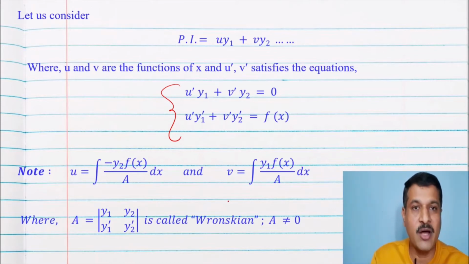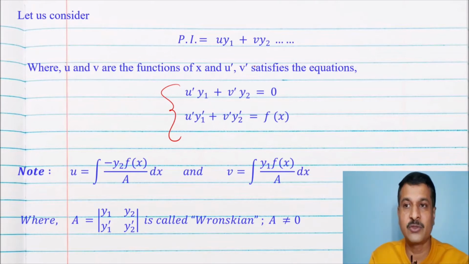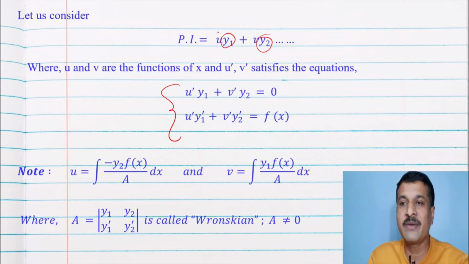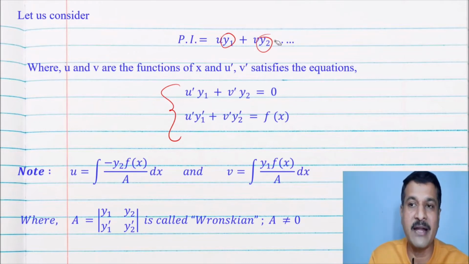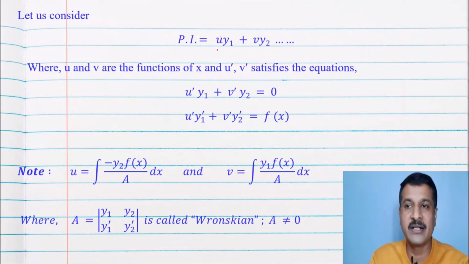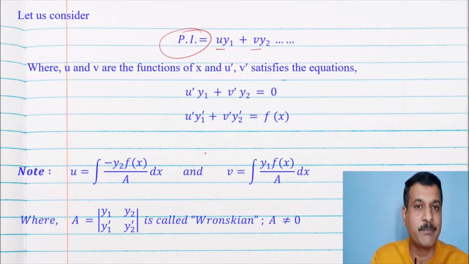So what is this Wronskian? It is the determinant of y1 y2 and y1 dash y2 dash, where y1 and y2 are the coefficients of C1 and C2, or you can say the coefficients of u and v. By this formula you can find u and v, substitute here, and directly you will get the particular integral.